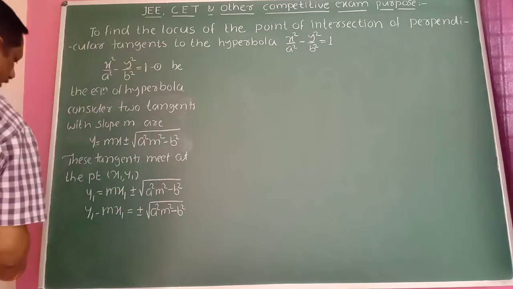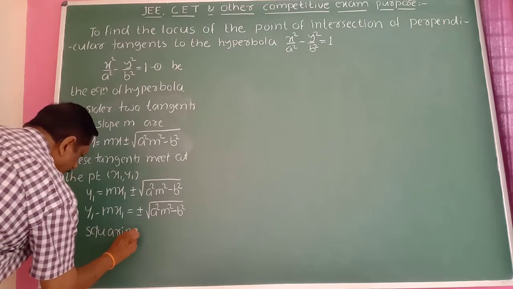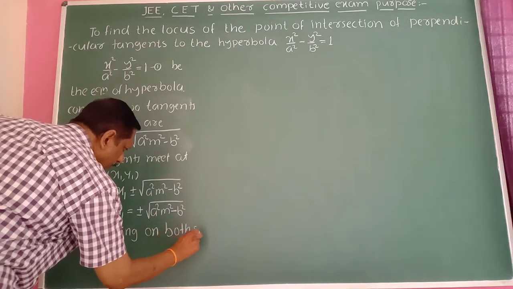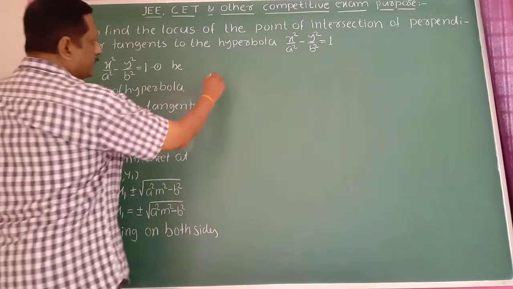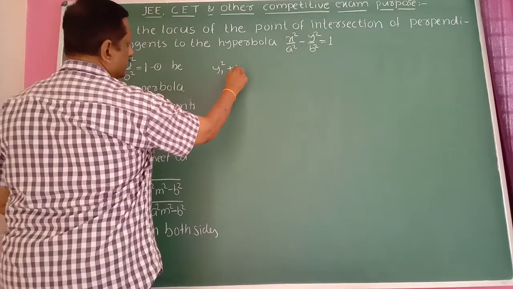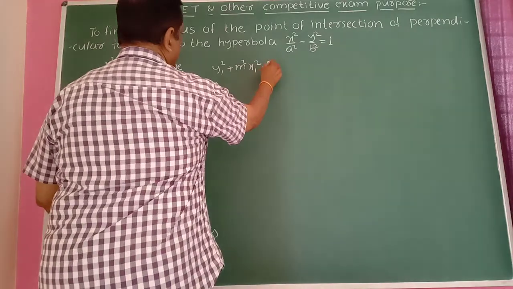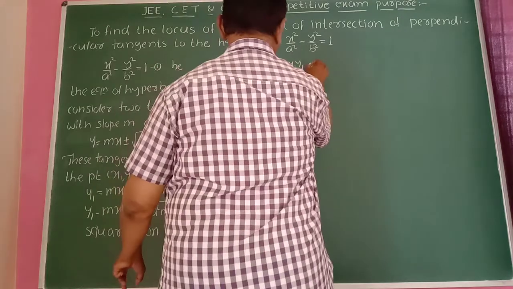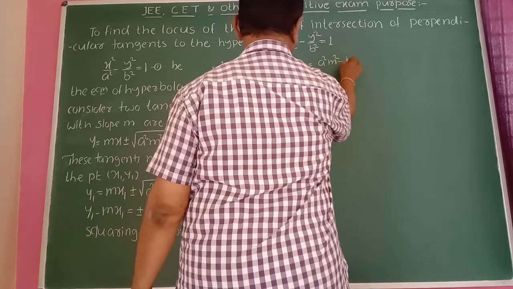Then squaring on both sides, y1 square plus m square x1 square minus 2m x1 y1 is equal to, square root and square cancel, a square m square minus b square.